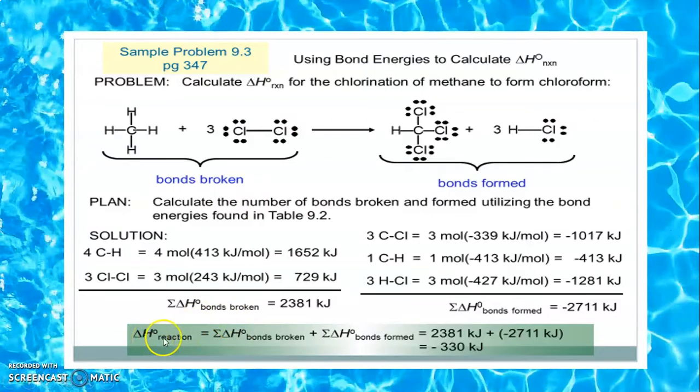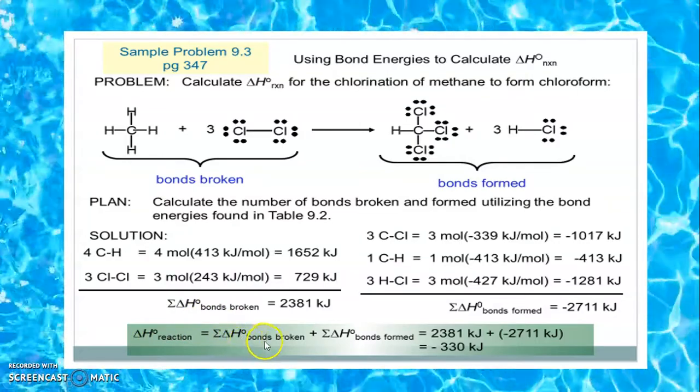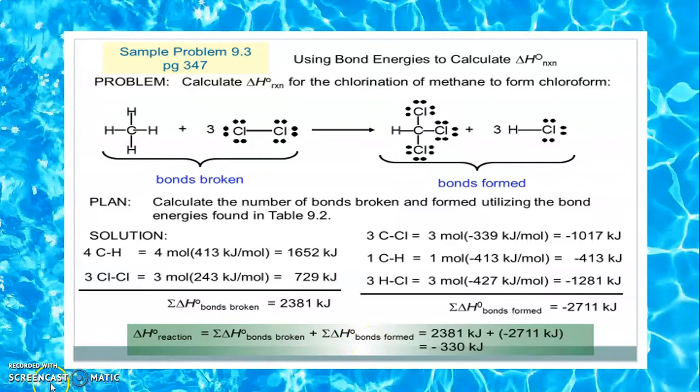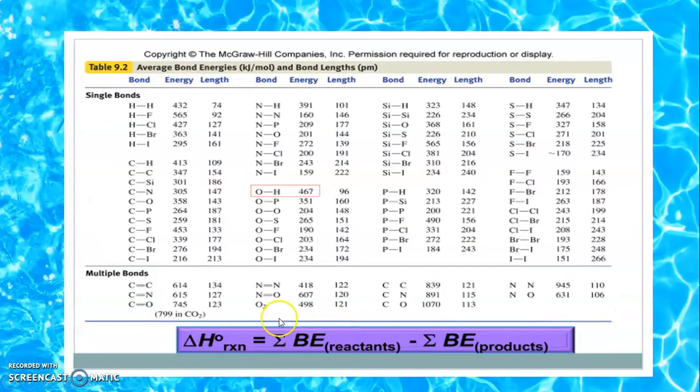The enthalpy of reaction equals the sum of the enthalpy of bonds broken plus the sum of enthalpy of bonds formed, or you can use this formula. It is actually the same thing but expressed in a different way: the bond enthalpy of reactants minus bond enthalpy of products.